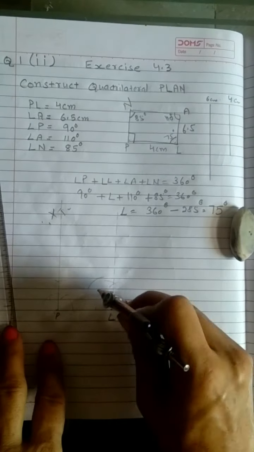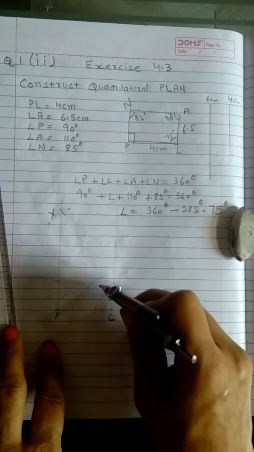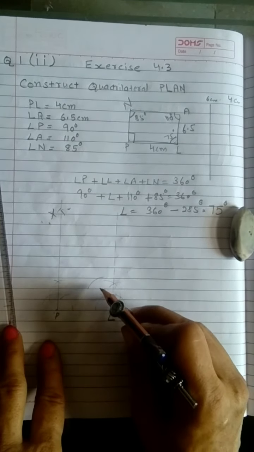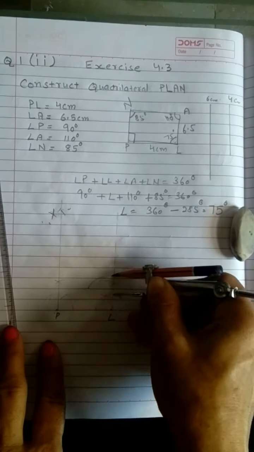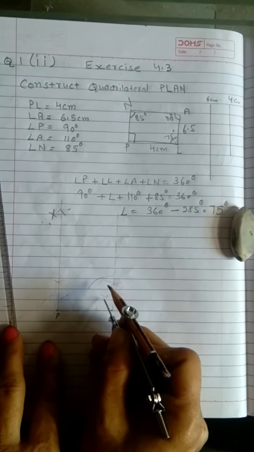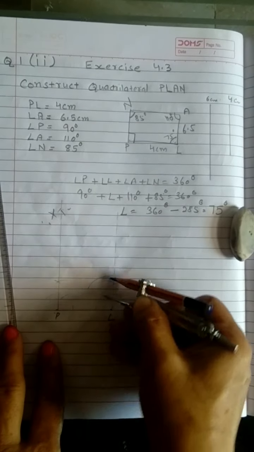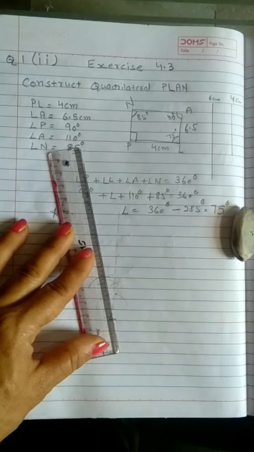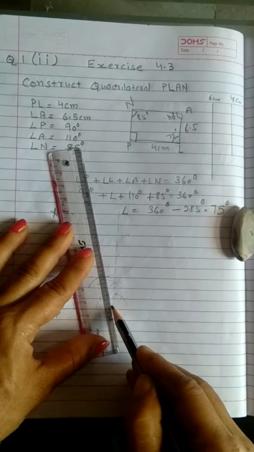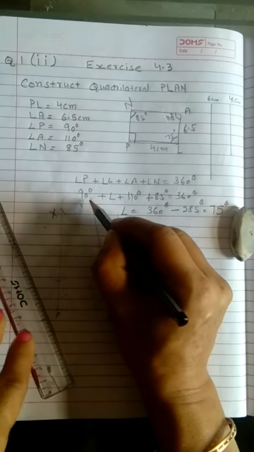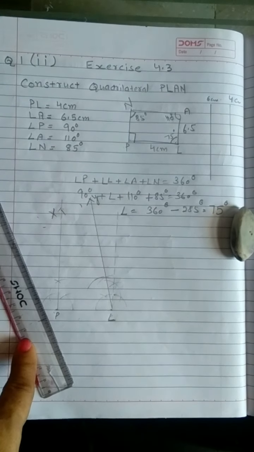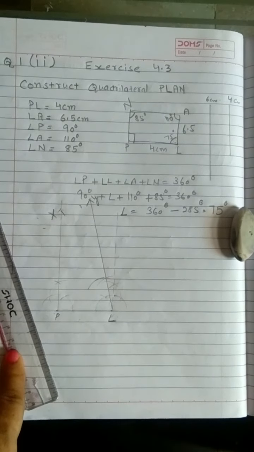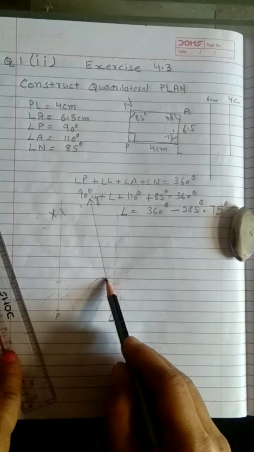Then again at the 90 degree point, put this as the center, draw an arc. They are not intersecting. Again I'll put it here at 60 degree. Now they intersect, and draw the ray.